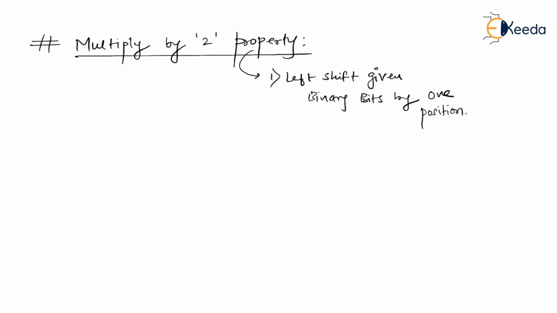Then you have to do a 0 padding. So second step: do 0 padding, or padding of zeros at LSB at every shift. You may not understand these 2 points until we start with an example.